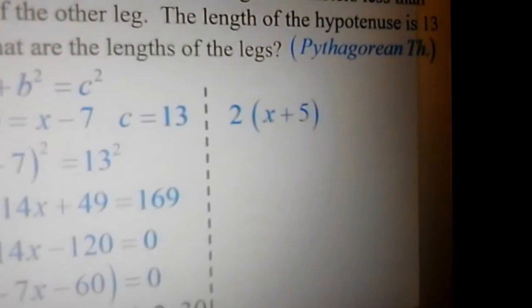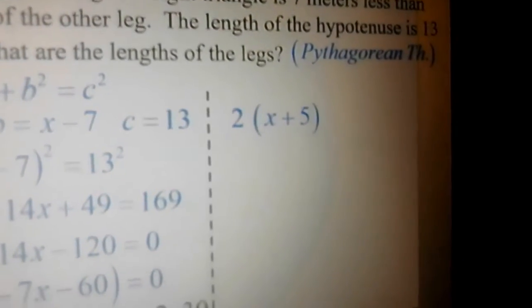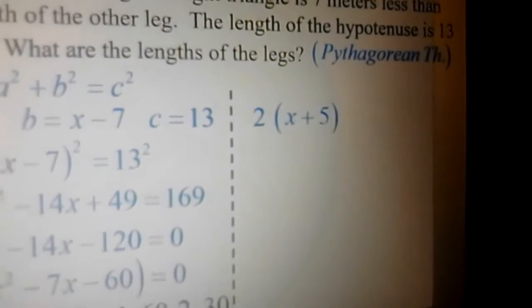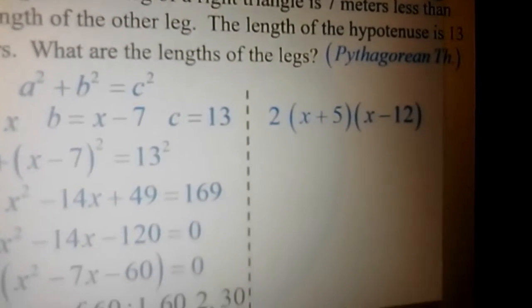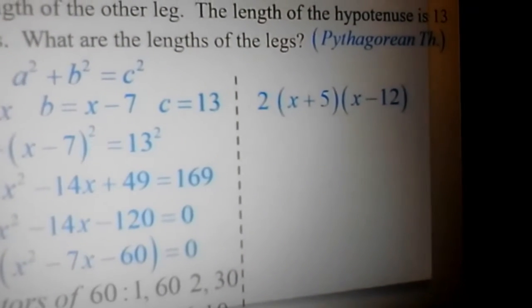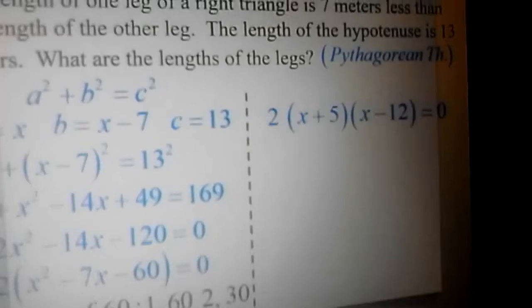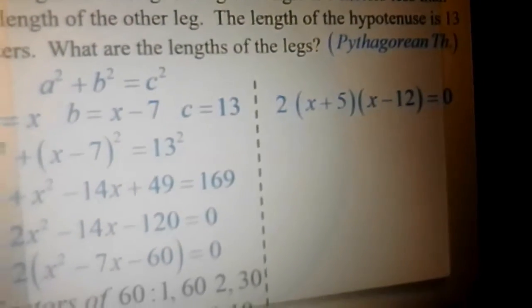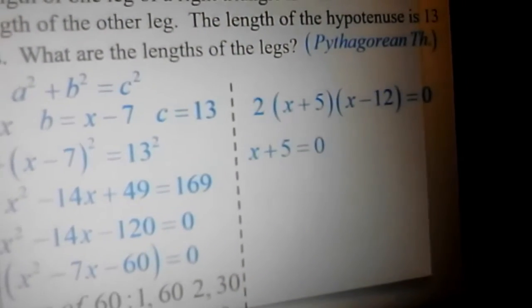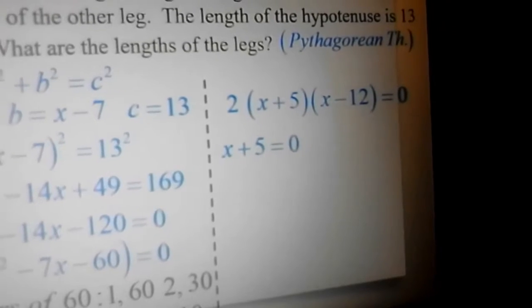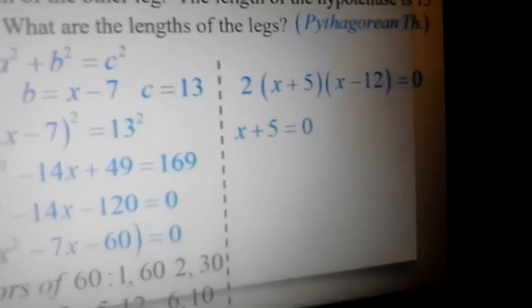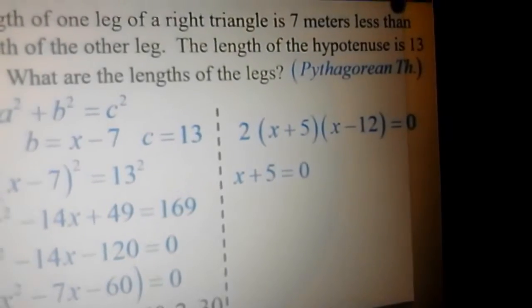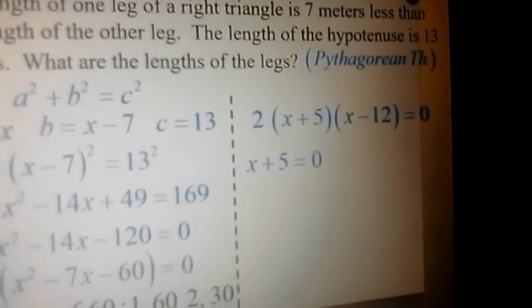So 2 times the quantity x plus 5, and another one is x minus 12. With those factors, we can have negative 7. So simplifying it, 2 would be eliminated when we divide both sides by 2.